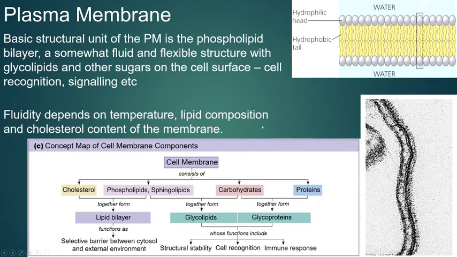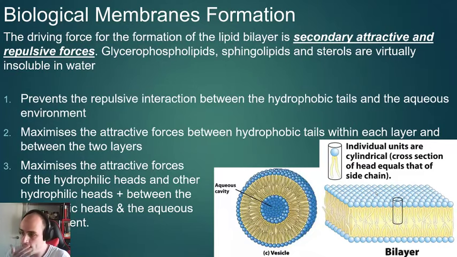What this means is that the formation of this lipid bilayer is due to the driving force of secondary attractive forces. These polar head groups, these hydrophilic polar heads, are attracted to water, so they want to move towards that water.